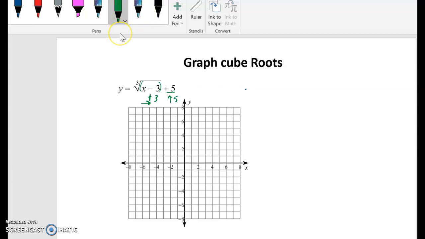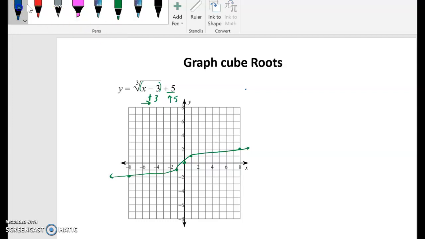Let me draw in my parent function: (0, 0), (1, 1), (8, 2), (-1, -1), (-8, -2). In case you haven't noticed, we're using the same values every single time for that parent function. Those values don't change for the parent function.